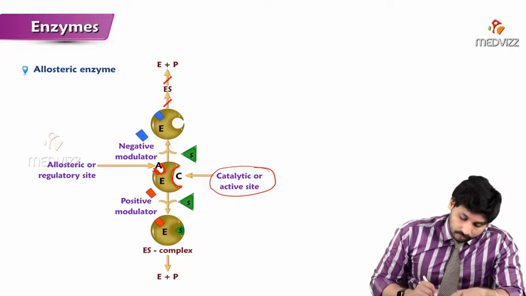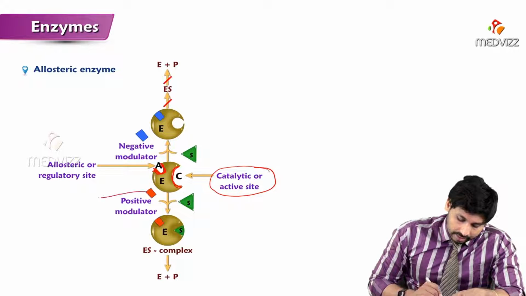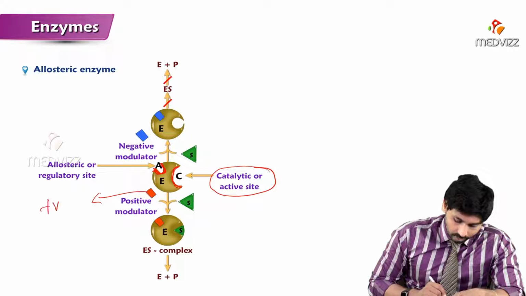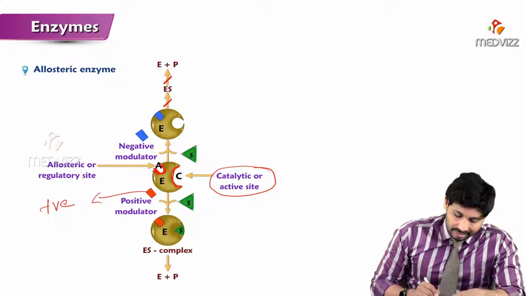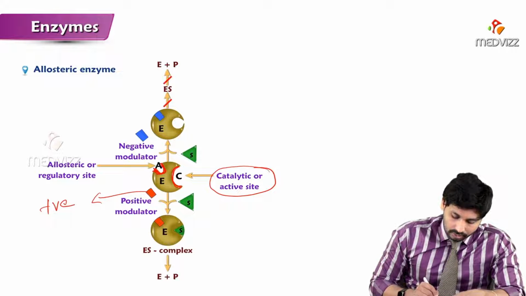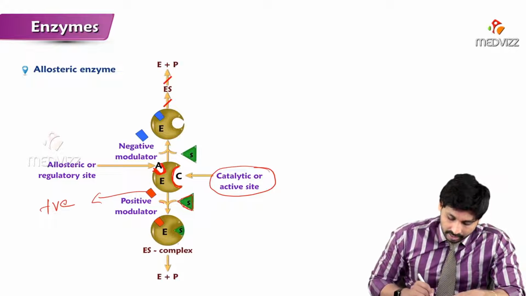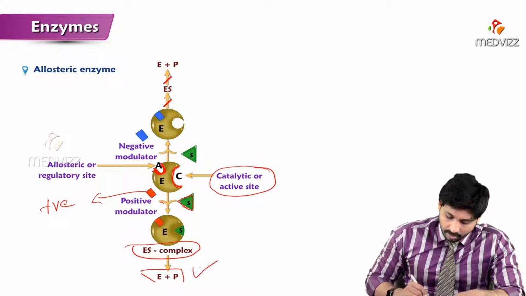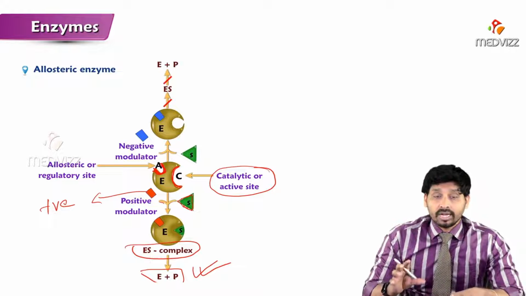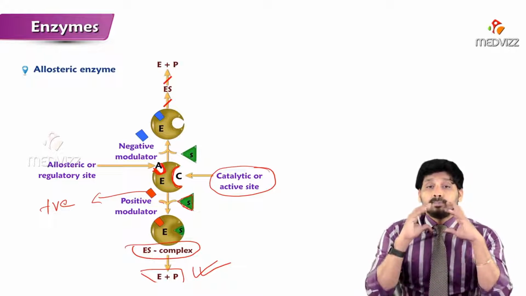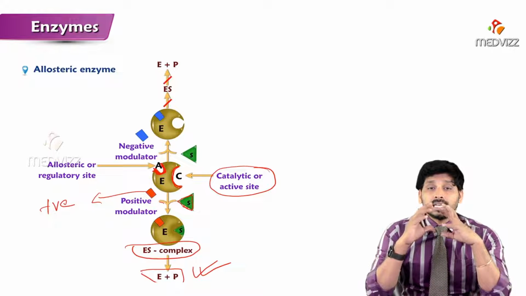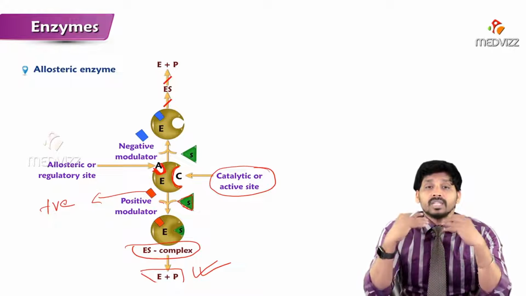If the positive modulator, in red color, goes and binds to this allosteric site, it will allow the substrate to bind to the active site and form the enzyme substrate complex, and there is formation of product. That means the positive modulator is facilitating the catalytic site of the enzyme to bind to the substrate and form the enzyme substrate complex.